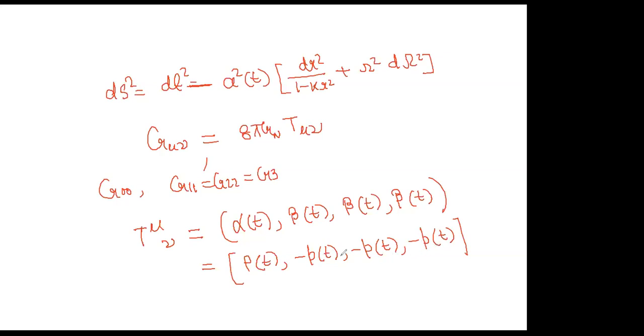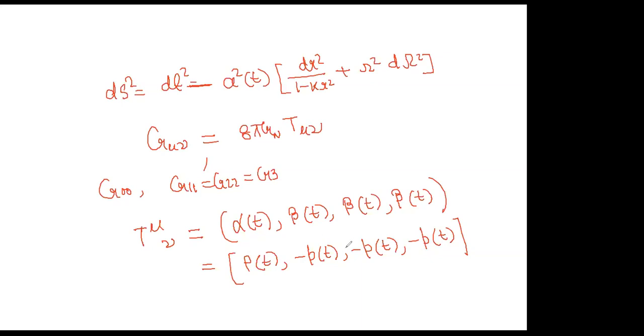If I put it with an ideal fluid, the P can be positive, but there can also be situations where P is negative. So it doesn't matter whether I put minus or plus here. P can be positive or negative; just to keep things consistent with our signature convention, where I have taken plus, minus, minus, minus, I just put minus here. So this is the structure of the T mu nu.